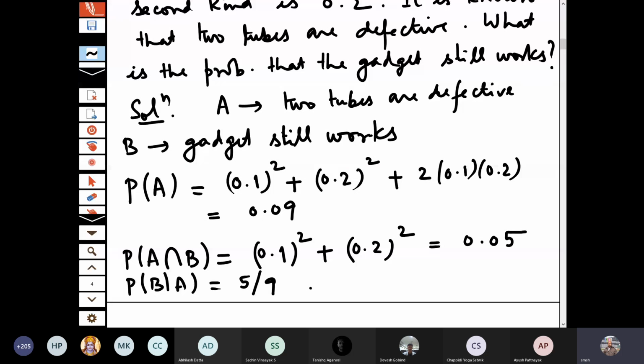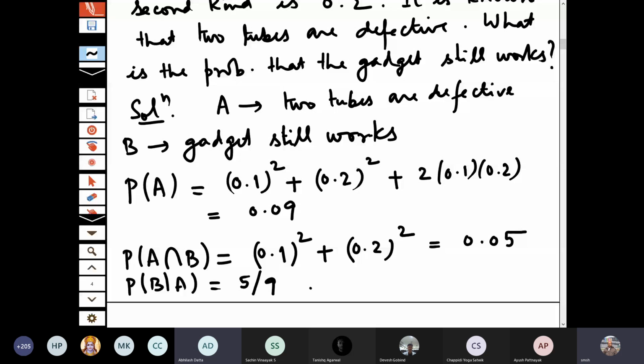Like if I say A and B, two types of things are there, so A or B. Ordering will matter here. So the 0.2 into 0.1 is one of the first kind and the second of the second kind, and this is the probability of them being defective. I'm not understanding the sense of ordering here.